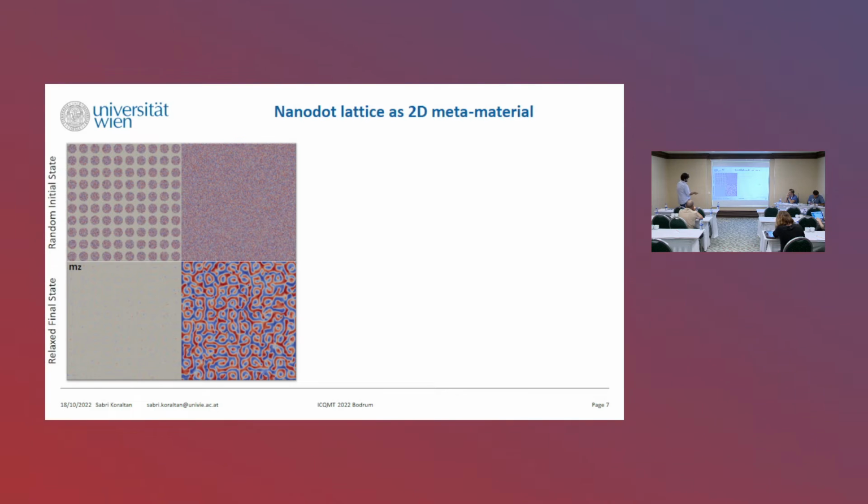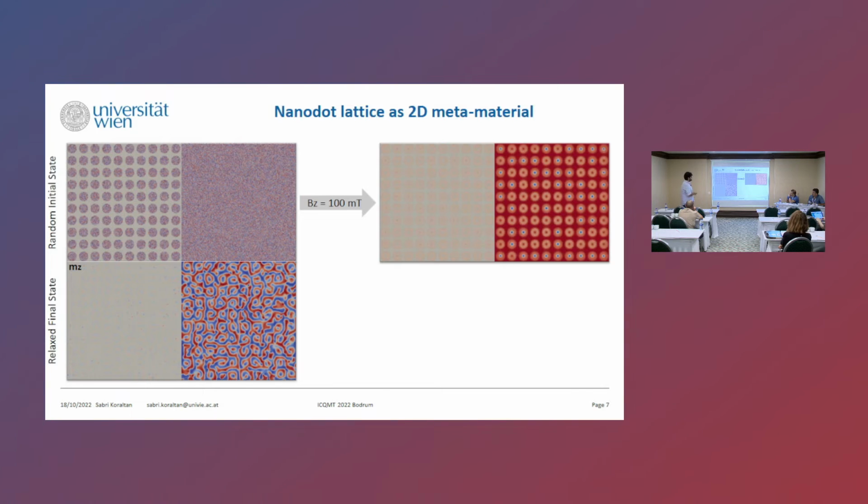And we can see that underneath in the skyrmionic layer, we have a structure which starts to look a bit more like a lattice. So then we apply an out-of-plane magnetic field. We go up to 100 millitesla. And at the end, what we're observing is that we can relax a skyrmion lattice, let's say.